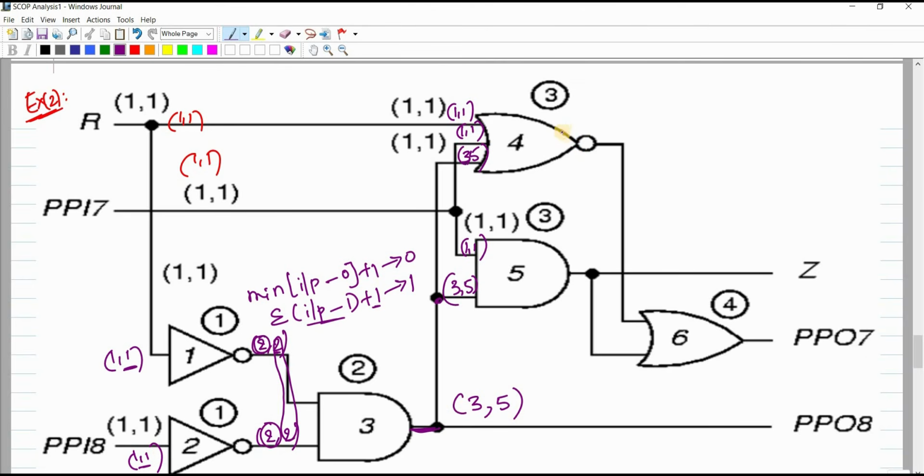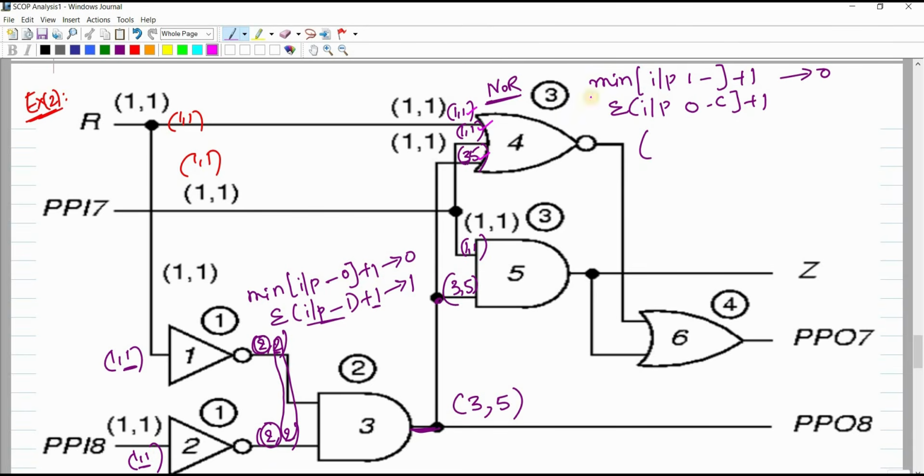If I want to calculate the combinational controllability of this particular NOR gate: for 0 controllability, according to the table, the formula is minimum of input 1 controllabilities plus 1. For 1 controllability, sum of input 0 controllabilities plus 1. So see here, minimum of input 1 controllabilities: here 1, 5, 1, 1, 5.